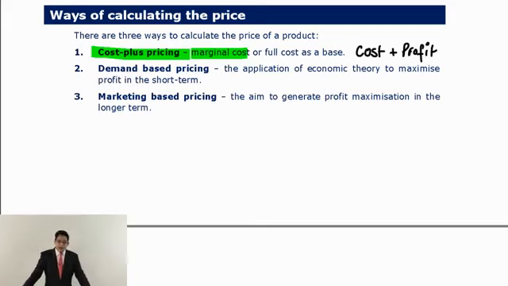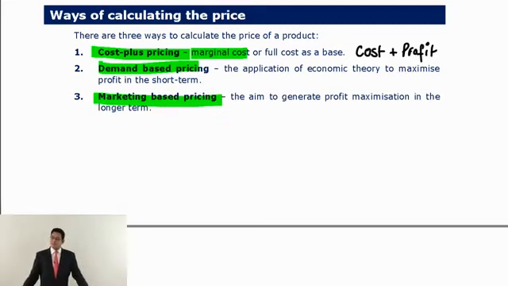Demand-based pricing, which is very important, we are going to have a look at in a moment, based upon this economic theory to maximize profits in the short term. And then marketing-based pricing. This is the area which you will have to read a little bit. It's all theoretical. Marketing-based approaches are generally those approaches which an organization or management applies in order to generate profits in the long run.